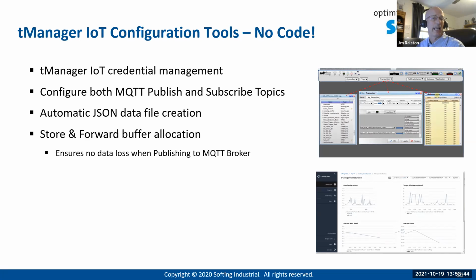You can allocate a portion of that to store and forward, just to ensure that no data is ever lost. To replicate that in a PLC software application, there's a lot of custom coding needed on the PLC to set up arrays and have it do first in, first out buffering. None of that is needed with tManager because store and forward is built in.